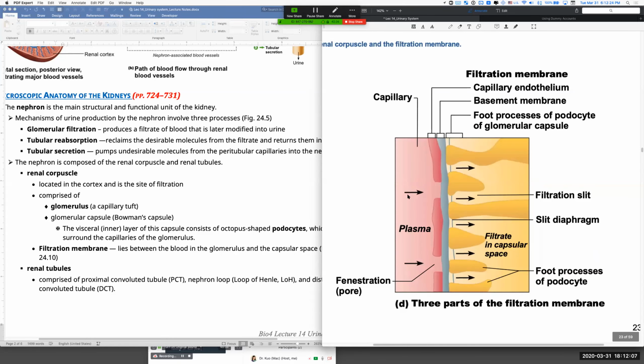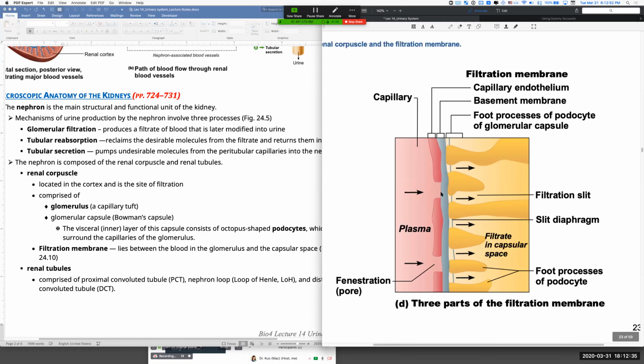This is inside the glomerulus, and this is inside the capsular space. For a substance to enter the capsular space, it has to first leave the capillary, so it has to exit the simple squamous epithelium that makes up the glomerular epithelium.